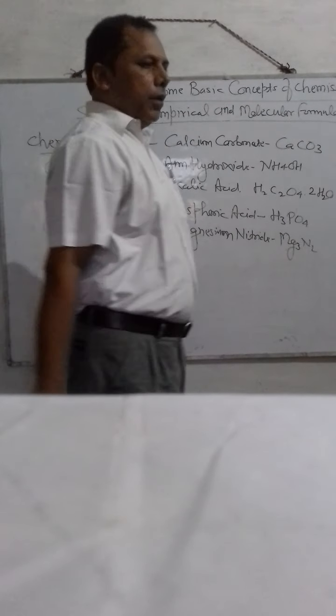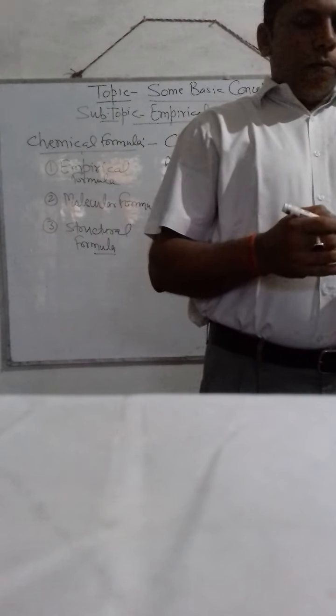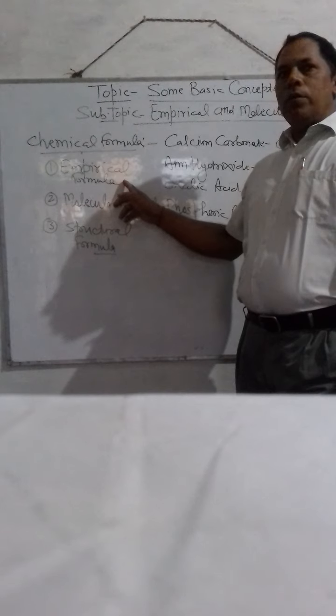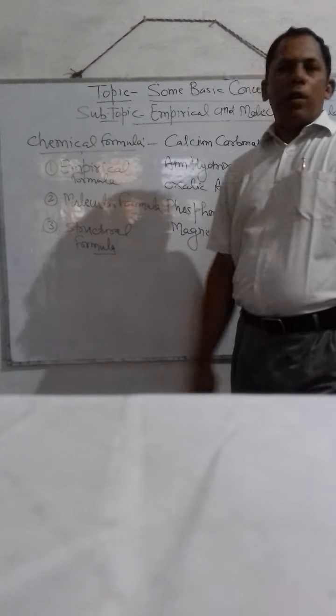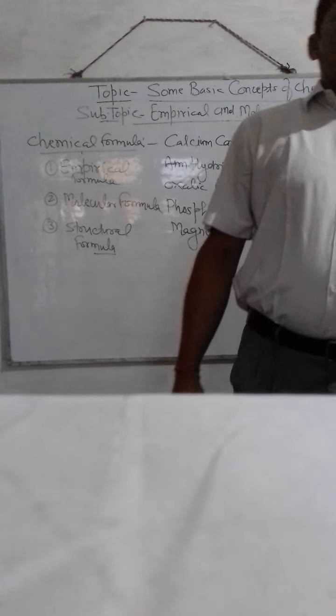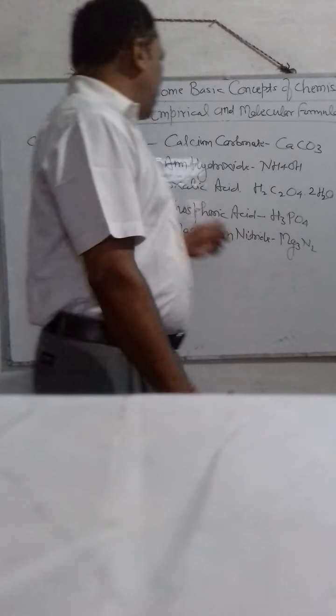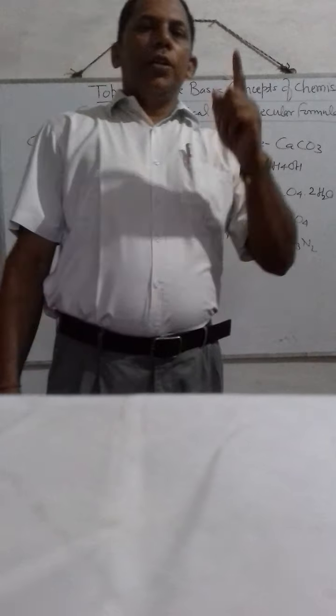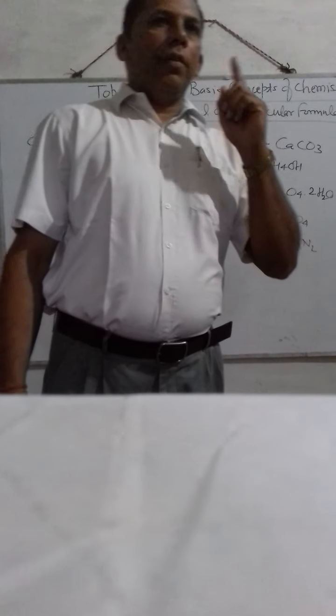So, what is empirical formula? The empirical formula of a compound is the simplest whole number ratio of the atoms of various elements present in one molecule of the compound.